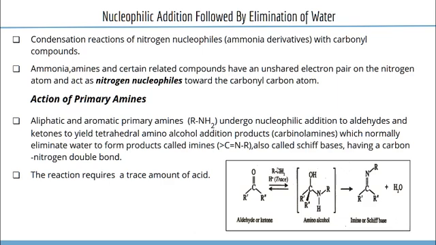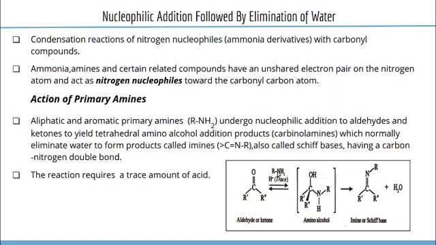When RNH2 adds on to the carbonyl compound, this electron pair will shift to the oxygen. So this oxygen becomes negatively charged and this carbon becomes positively charged. H plus will add on to this O minus, so it becomes OH. Then RNH minus adds on to this carbon, which has a positive charge.